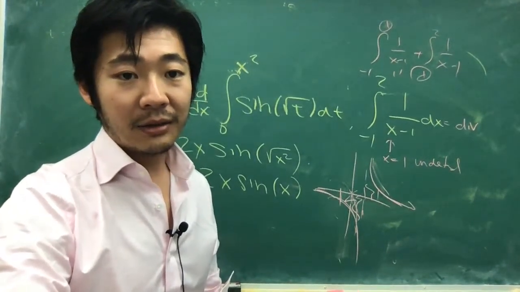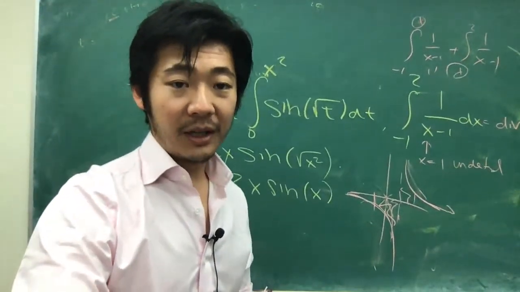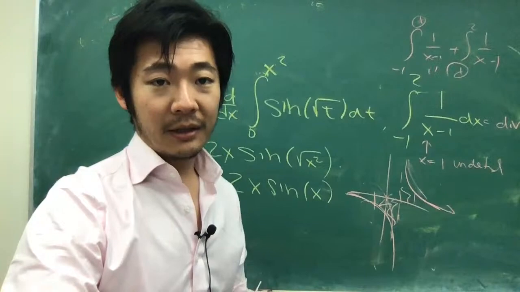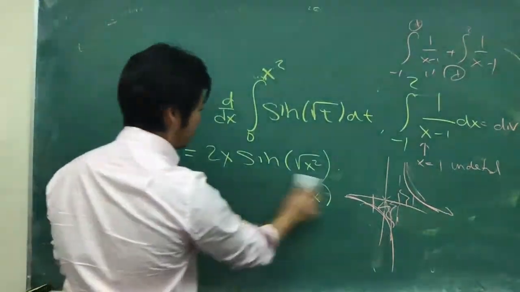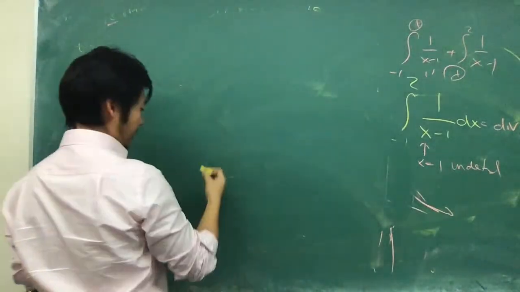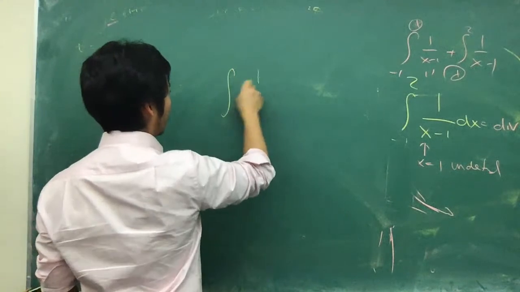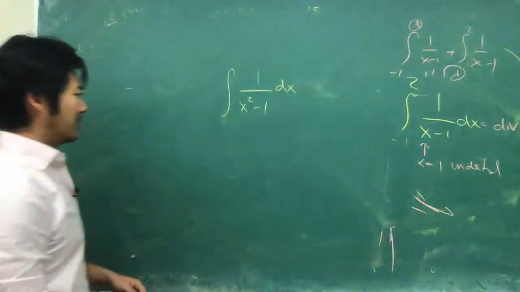The last integral one is also kind of interesting because you have to do partial fractions. So this one, 1 over x squared minus 1. Actually, you know what? Let me do something else.